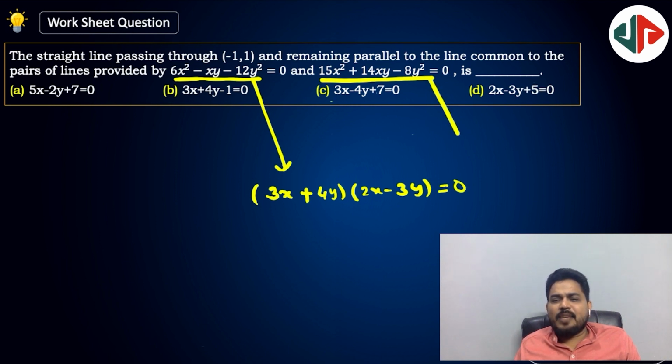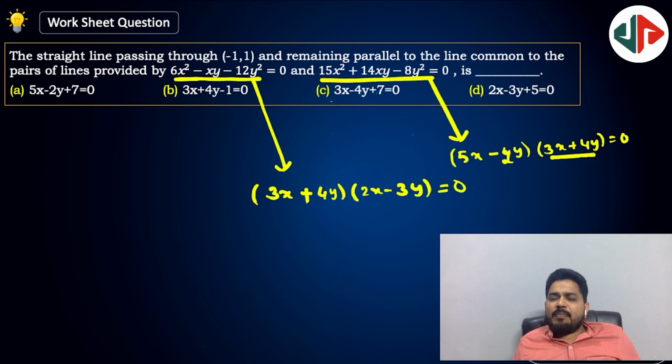And this equation you can write as 15x square minus 14xy. So (5x minus 4y) into (3x plus 4y) is equal to 0.